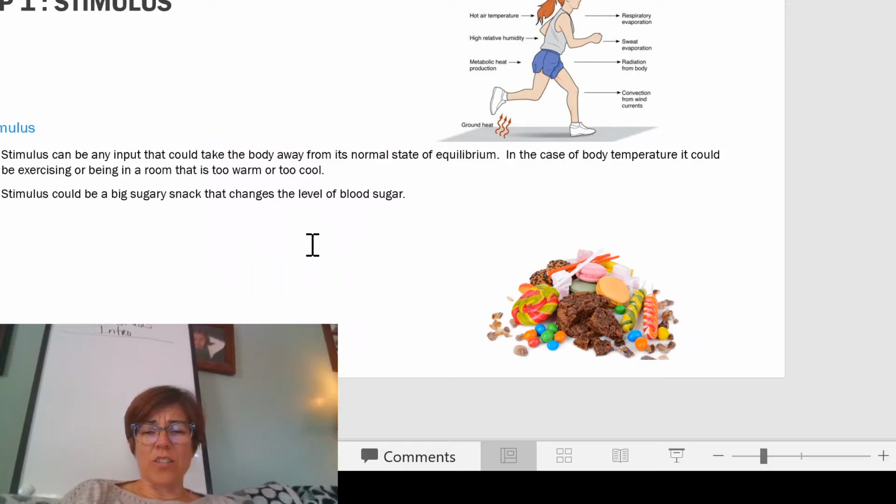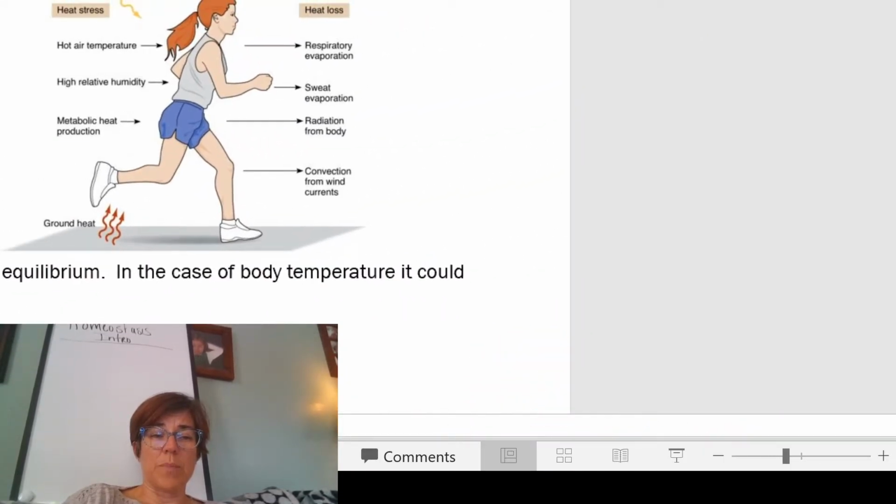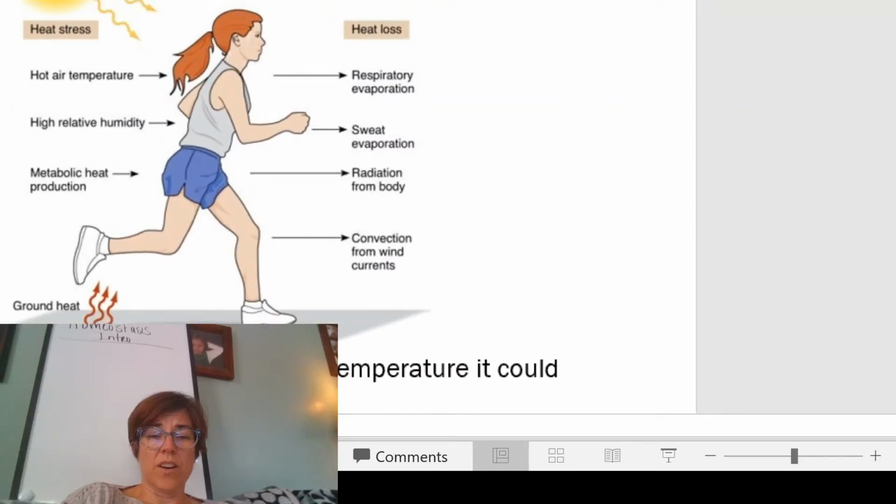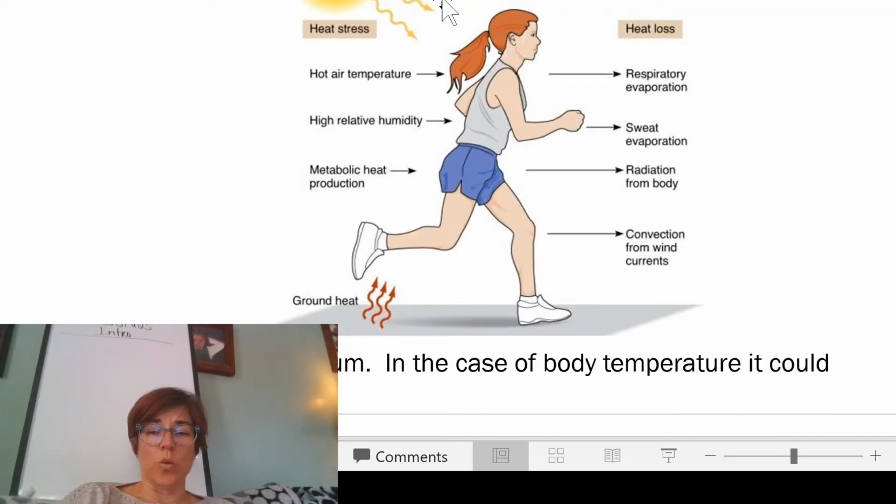If we look at the actual stimulus, the stimulus can be any input that takes the body away from its normal state. In the case of body temperature, it could be exercising or being in a room that's too warm or too cold. You could also be creating a stimulus of a sugary snack or something like that. If I expand upon the picture of the runner, here are a lot of stimuli. She's got solar radiation.